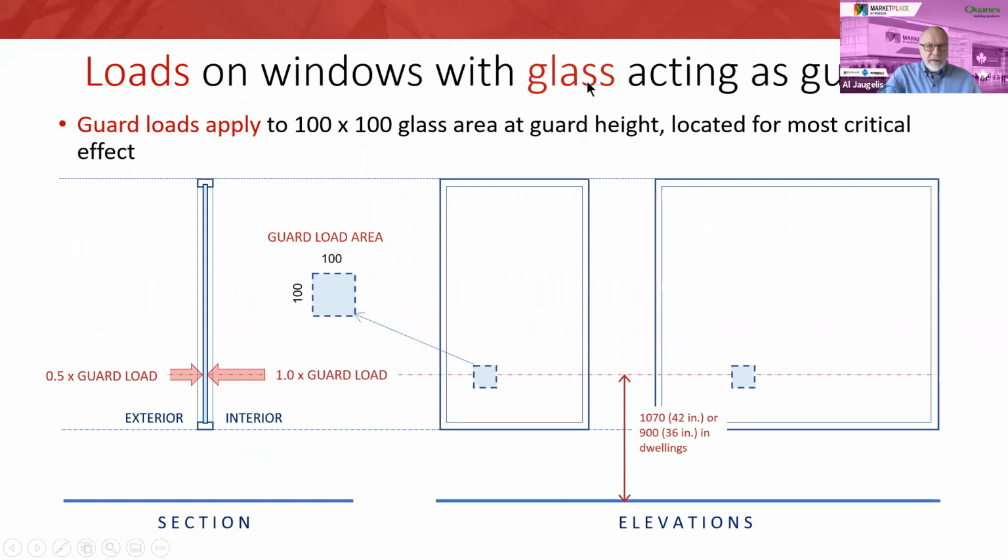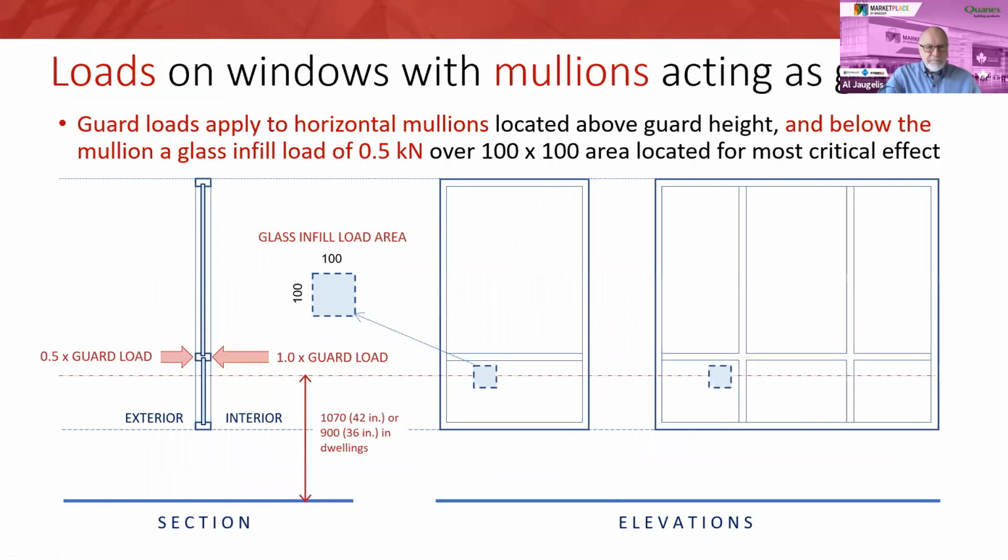So I think that basically the requirement for the mullion to resist the guard load is clear. Whether or not the glass below the guard height should be an infill load application, I think that's a matter of engineering judgment, isn't it? Yes, absolutely.